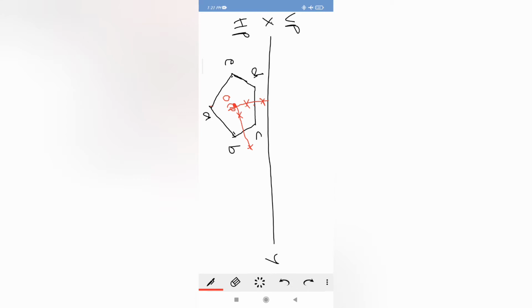Now, after locating the center, which is named as O of P, it is better to erase all these things.